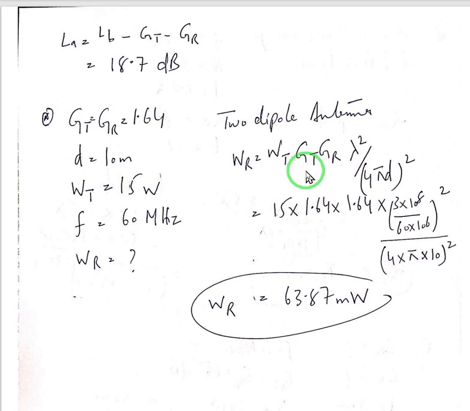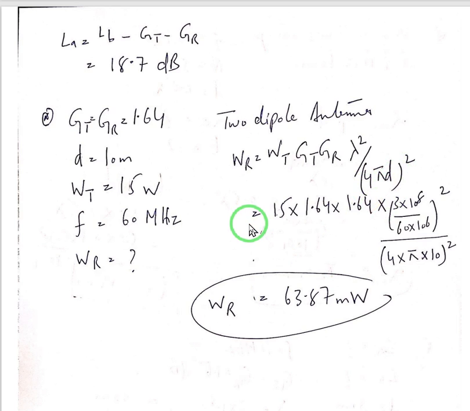The receive power formula is equal to transmit power multiplied by transmit gain multiplied by receive gain multiplied by wavelength square divided by 4 pi d whole square.